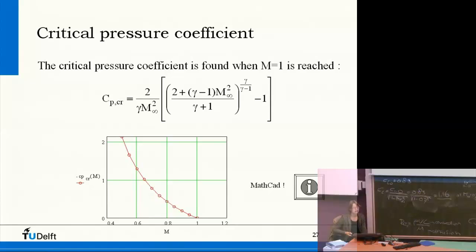No, when some point in the flow reaches Mach 1, and then the critical pressure coefficient is the pressure coefficient in that point in the flow, and it is then the minimum pressure coefficient. No point will have a lower pressure coefficient than that one, because that's where your flow is fastest. That's this Cp.